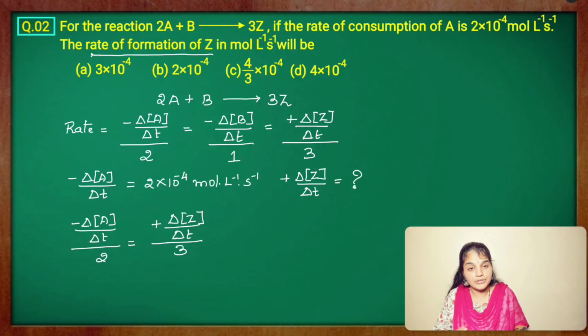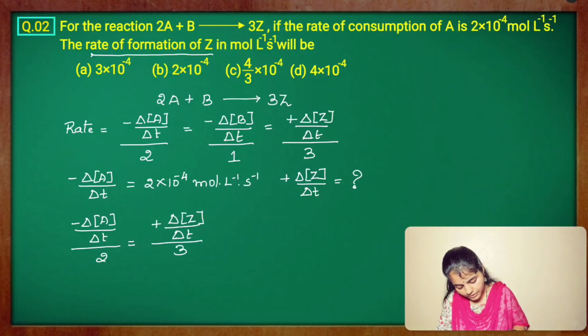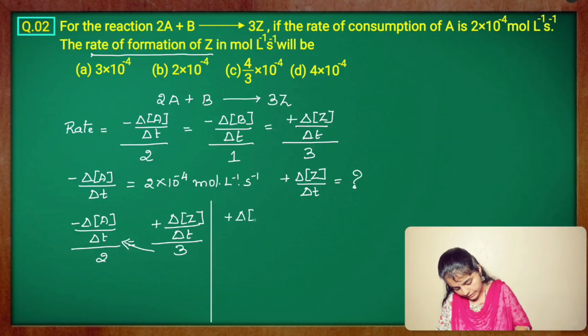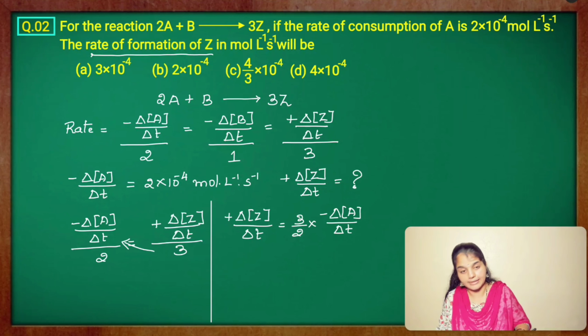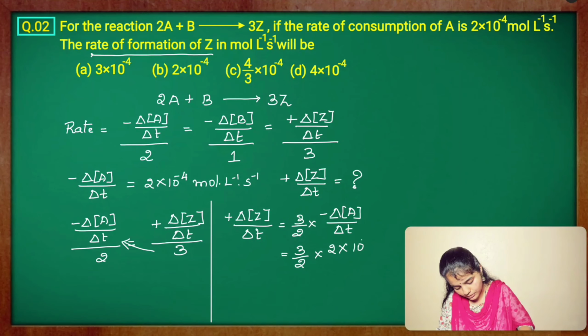So we can rearrange this to find the rate of formation of Z. Shifting 3 to the other side, the rate of formation of Z, plus delta concentration of Z divided by delta T, is equal to 3 by 2 into the rate of decomposition of A, minus delta concentration of A divided by delta T, which is equal to 3 by 2 into 2 into 10 to the power minus 4.